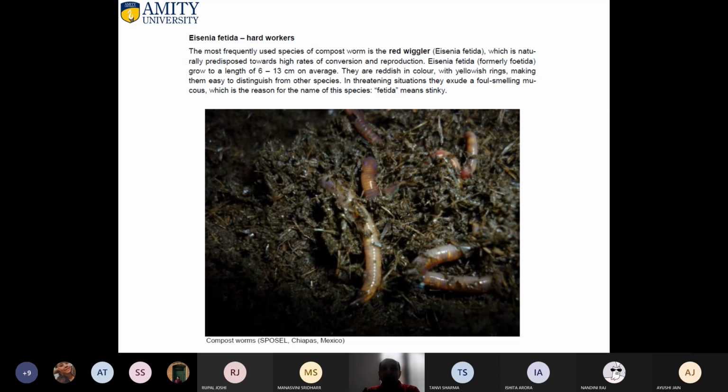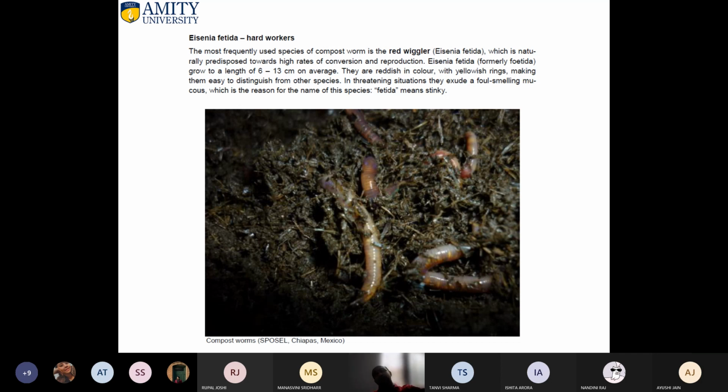So that is the good quality of the worms, that they act upon the waste material at a much faster rate, and the material is ready within a few days. Out of the 100% source material that you started with, 15% remains as worm compost. So that is a good conversion rate.